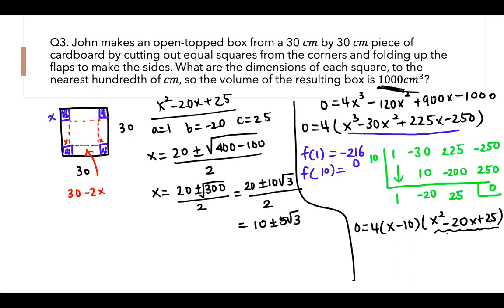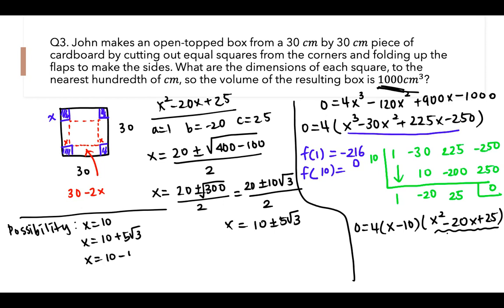Okay, so the possible values for x, it looks like x could be 10, x could be 10 plus 5 root 3, or x could be 10 minus 5 square root 3. So this is about 18.66, and this is about 1.34.